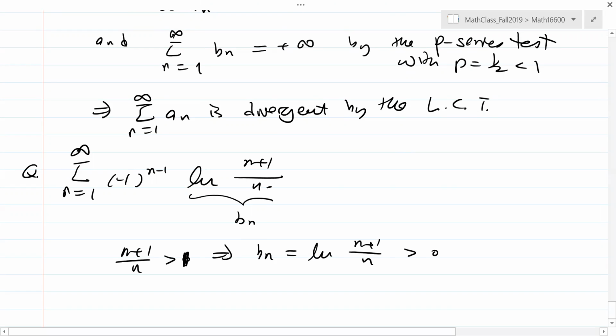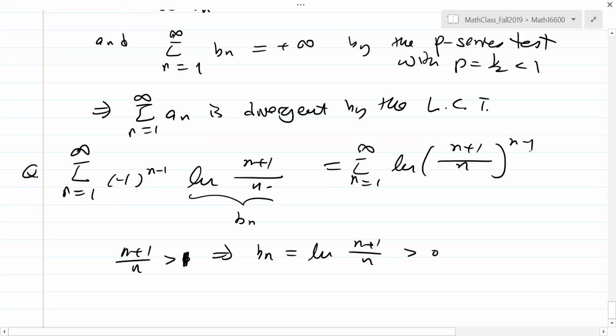Because if you use an alternating series test, you have to prove that it's right. Now, again, this could be written also in a different form, like this.